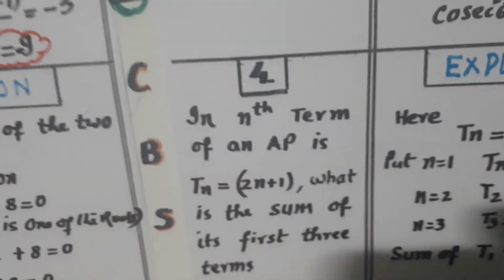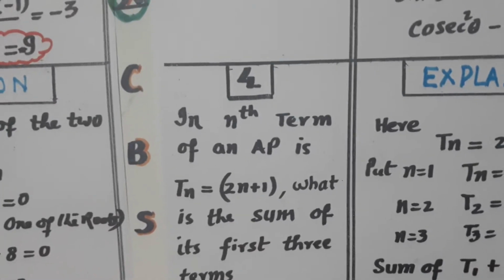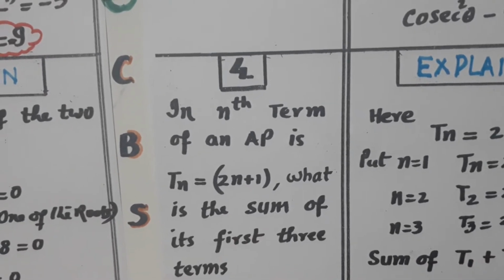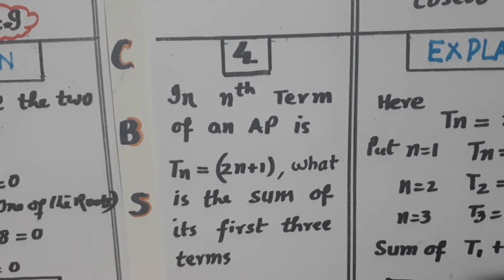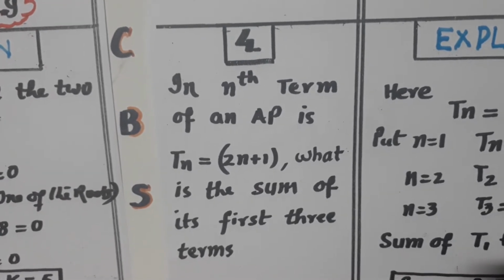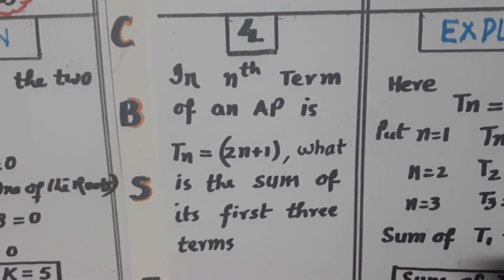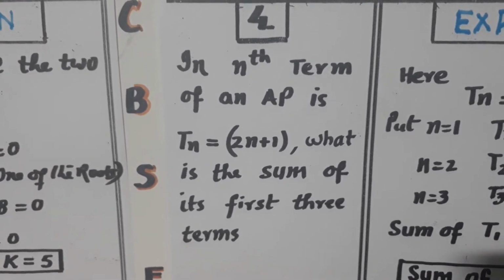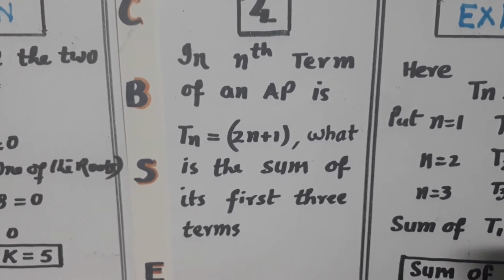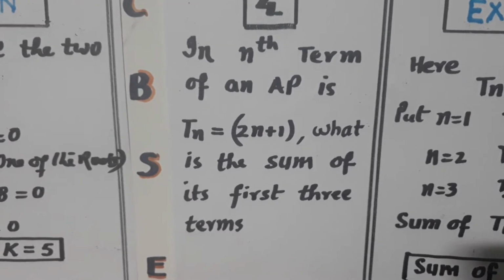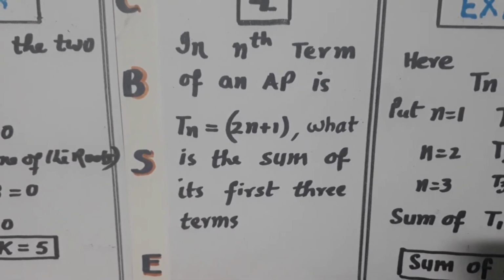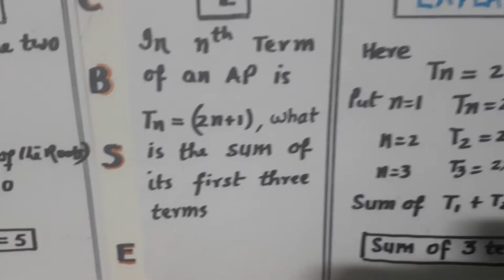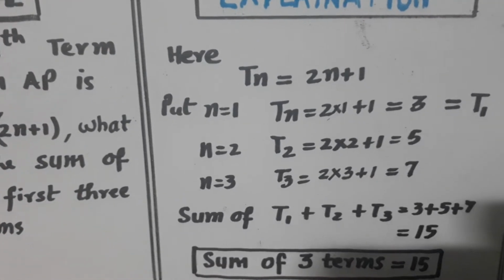Next question. Now it is a question on AP. If the nth term of an AP is Tn equal to 2n plus 1, what is the sum of its first 3 terms? So put n equal to 1, you get 3.